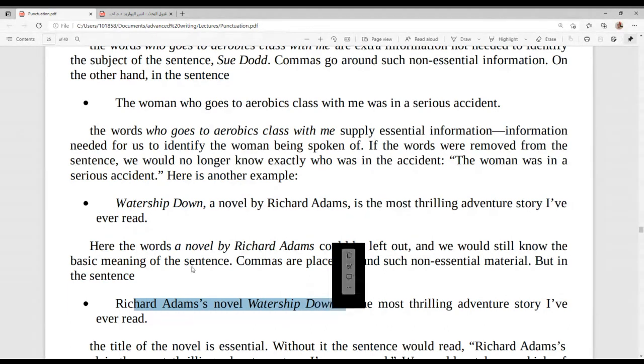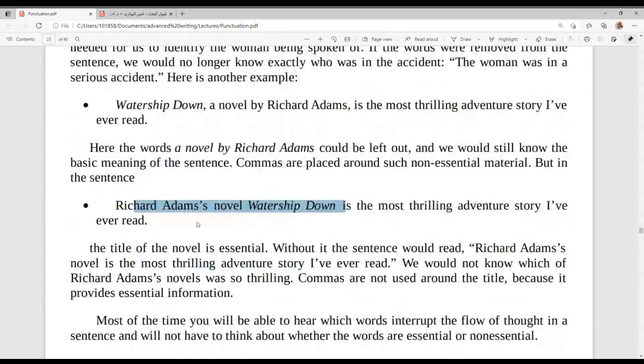Now here, if you look at the other example, a novel by Richard Adams is essential information. Richard Adams' novel, Watership Down, you see, this information is essential, is the most thrilling adventure, etc. The title of the novel here is essential.